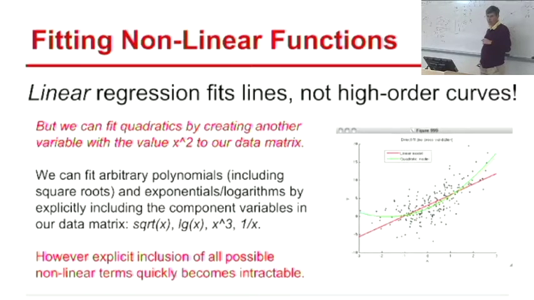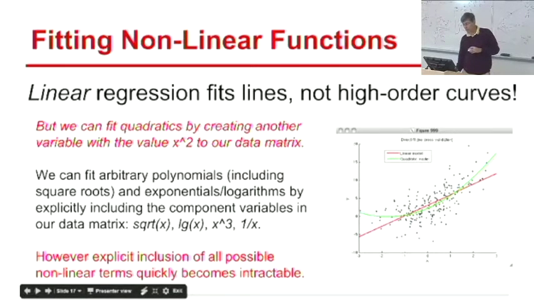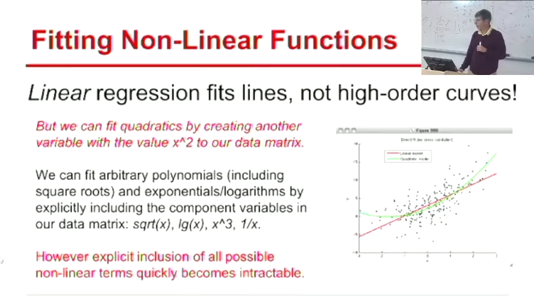So there is some judgment here. You're explicitly deciding what nonlinear terms you're going to add as possibilities. If you add too many nonlinear possibilities, nothing good is going to happen. If you add the wrong ones and not the right ones, nothing very good is going to happen.